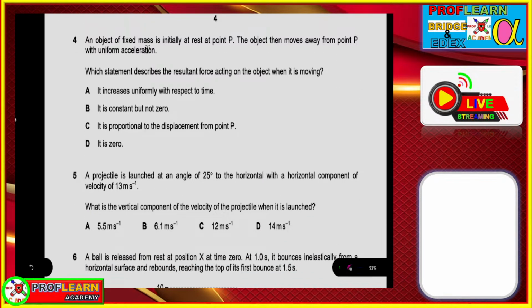An object of fixed mass is initially at rest at point P. The object then moves away from point B with uniform acceleration. So we are looking at a scenario whereby the object is initially at rest and then moves away with uniform acceleration. Which statement describes the resultant force acting on the object? We are going to say the force is constant since the object is accelerating.